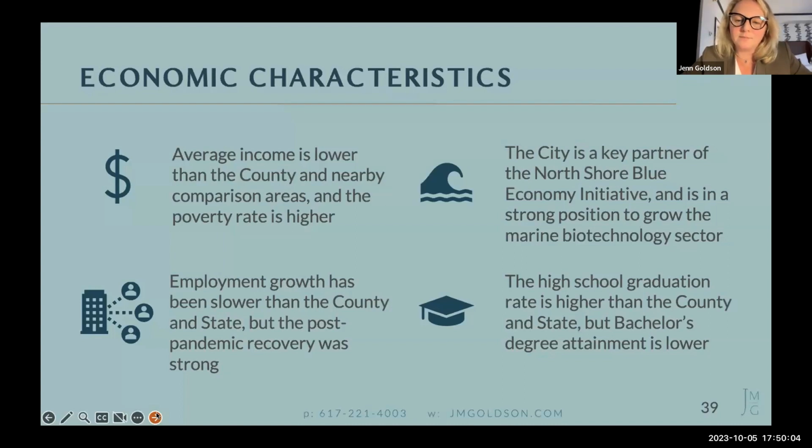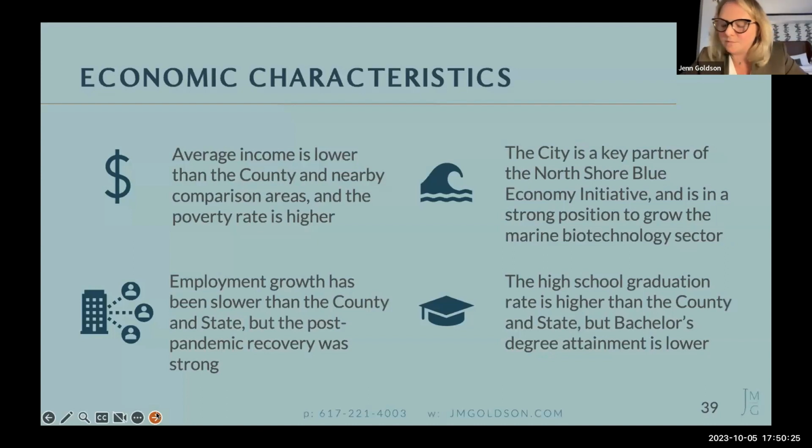We also pointed out in the report that the city is one of the key partners in the North Shore Blue Economy Initiative. And you're also in a strong position to grow the marine biotech sector. And so some of you, I don't know if everyone's familiar with the North Shore Blue Economy Initiative, so I just wanted to take a moment to explain what that is.